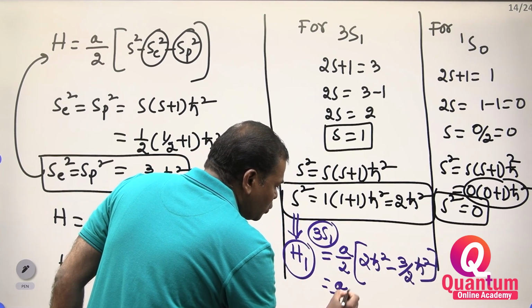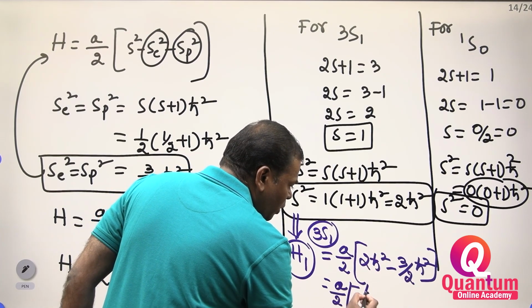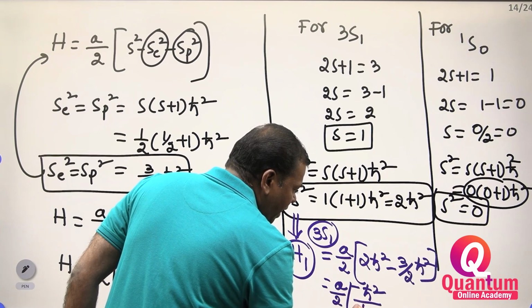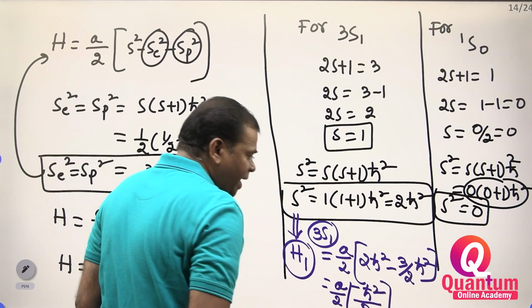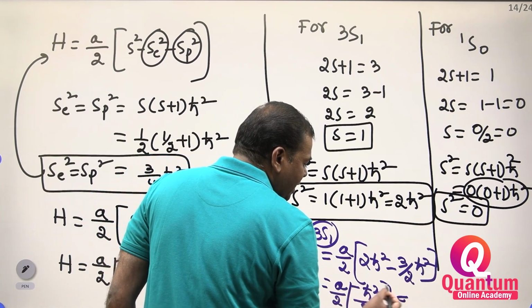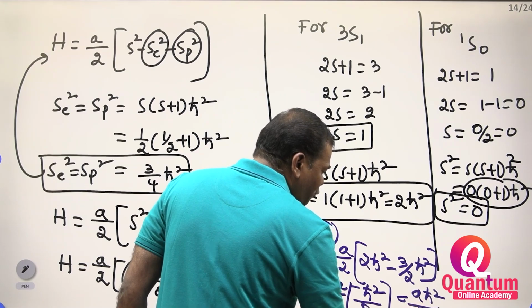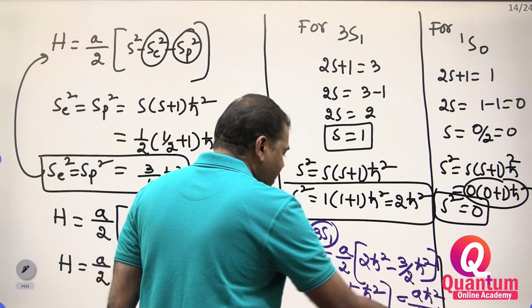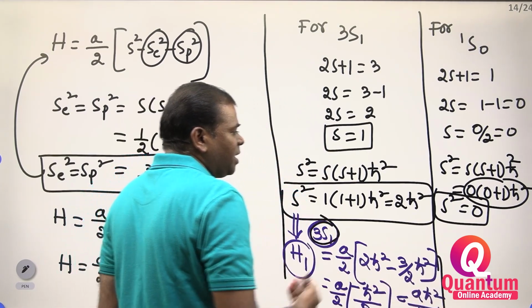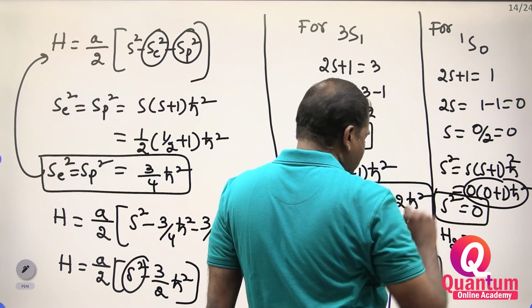Therefore, A by 2 into 2 is 4 by 2, 4 minus 3 is equal to H cut square divided by 2. Therefore, how much are we getting? A H cut square divided by 4 we are getting, for the 3S1 state. Now we have to see H2, for the 1S0 state.